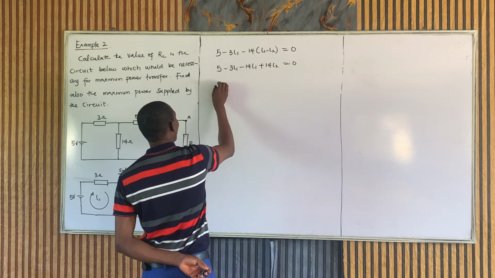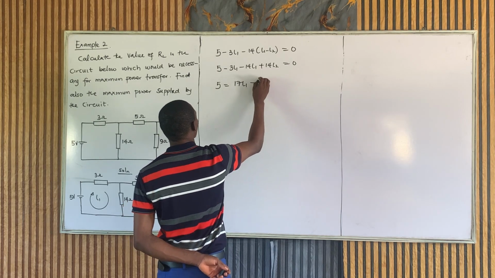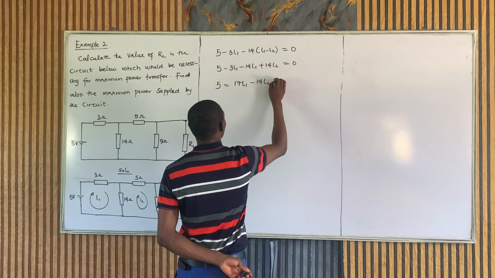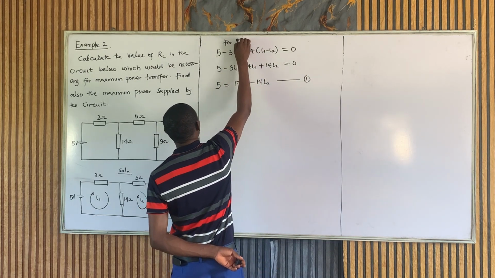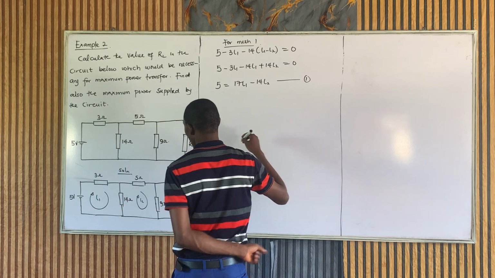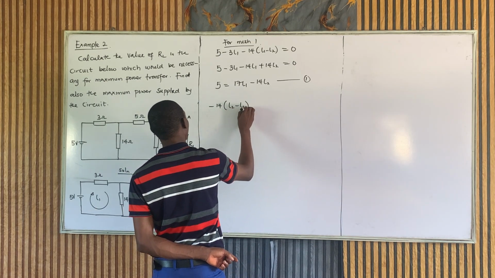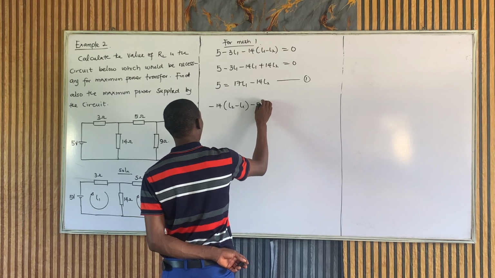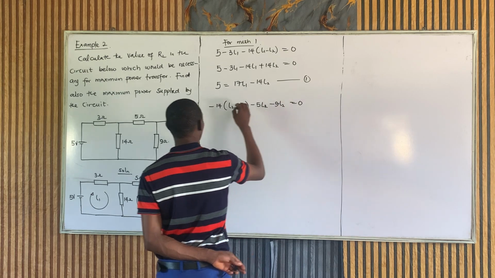So this will give us 5 is equal to 17I1 minus 14I2. Equation 1. Well, this is for mesh 1, for the first mesh. For the second, we have minus 14 into I2 minus I1 minus 5I2 minus 9I2 equal to 0.